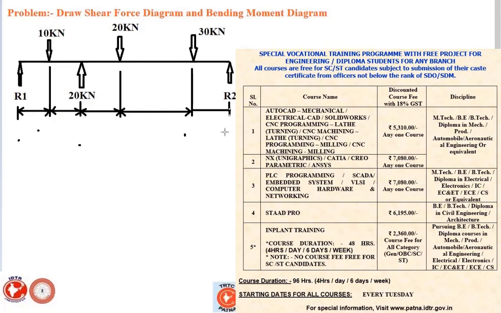And from load 30 to R2 is our... So now, from this point 2 meter, then again 2 meter, then again 2 meter, and this is your 4 meter, and again your 2 meter.